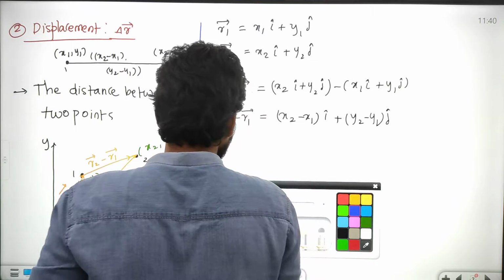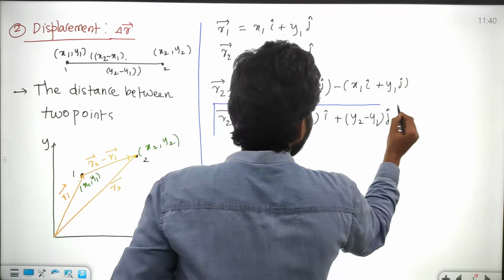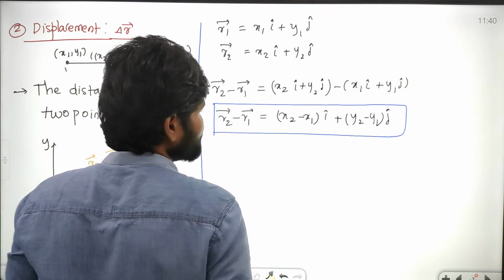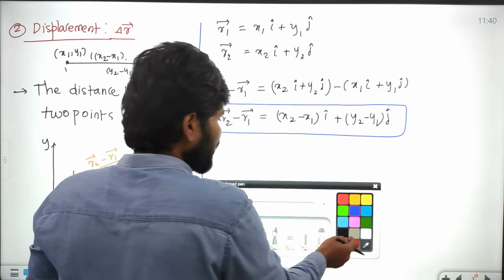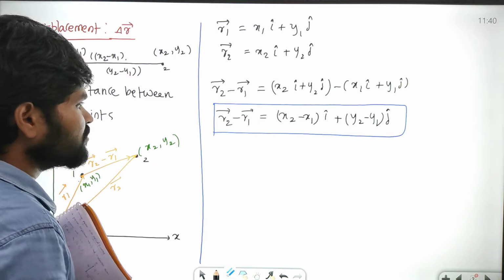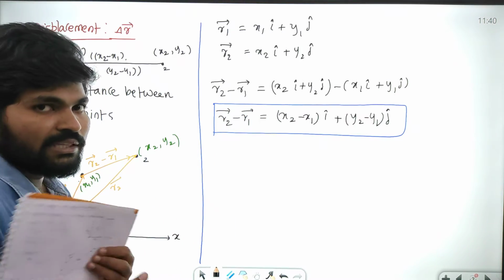This is the two-dimensional vector representation of the displacement. Now we have to write the simplification form, like in the previous class.